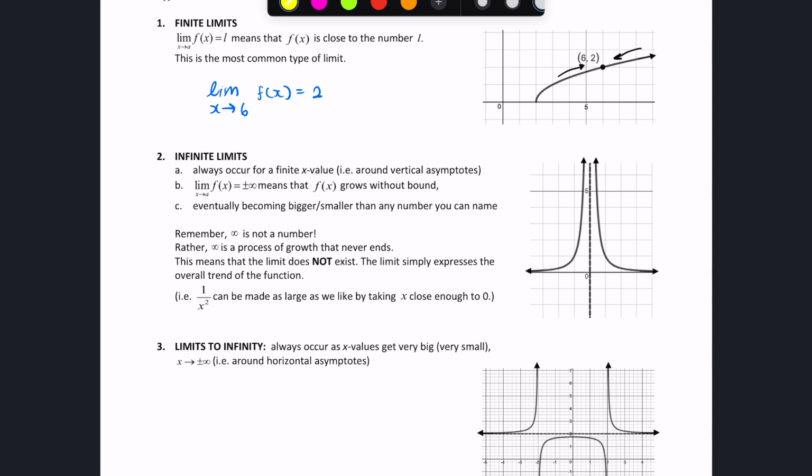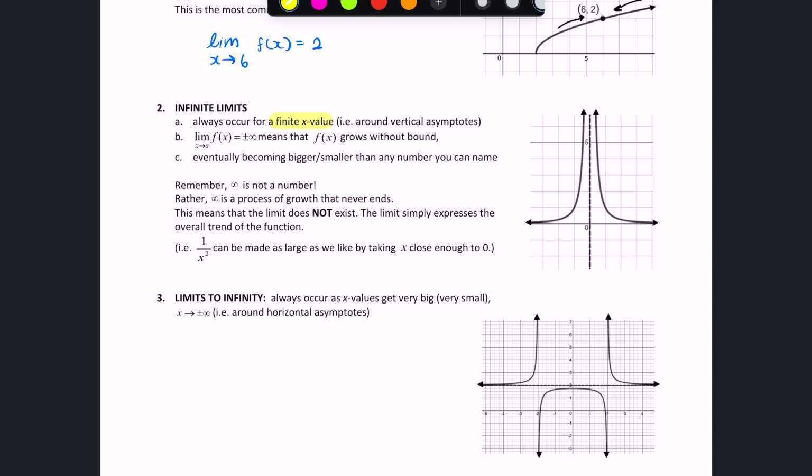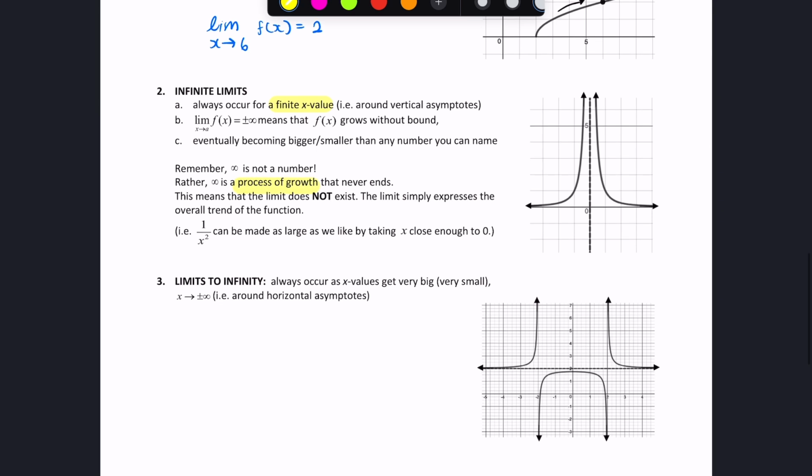So here, the limit as x approaches a for the function f of x equals positive or negative infinity, that is, f of x grows without bound. Okay? And here, eventually becoming bigger, or smaller, than any number you can name. So remember, infinity is not a number. Rather, infinity is a process of growth that never ends. This means that the limit does not exist.